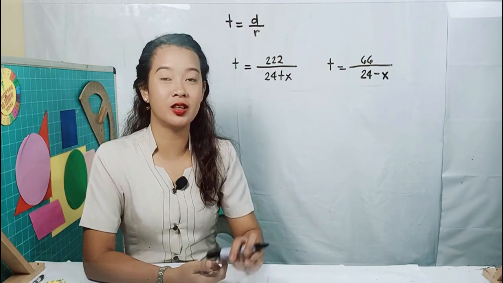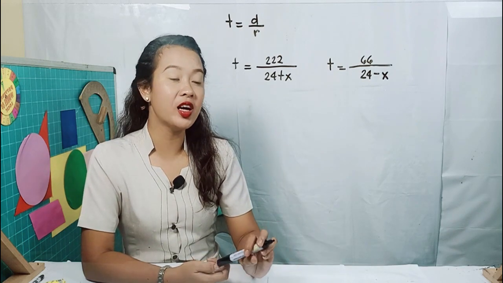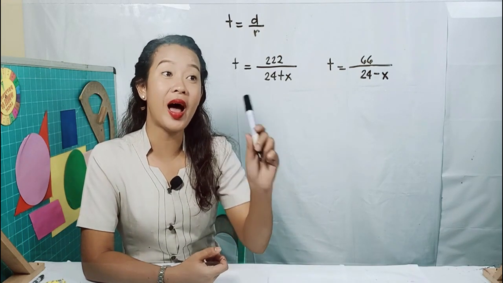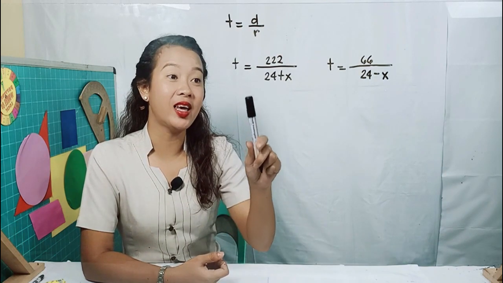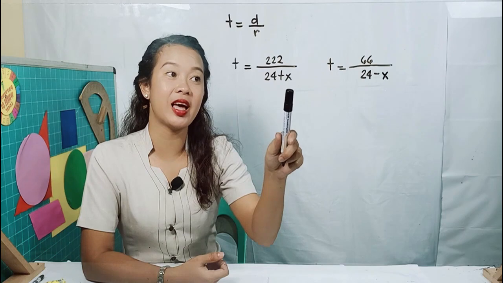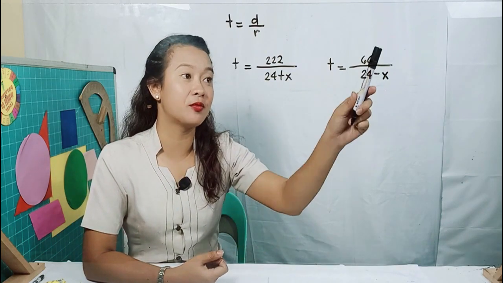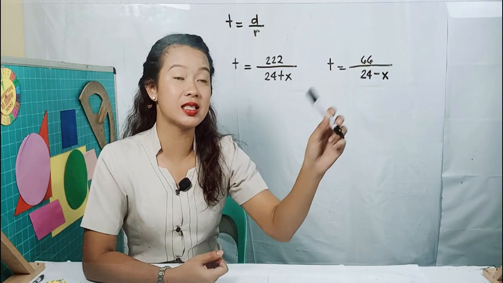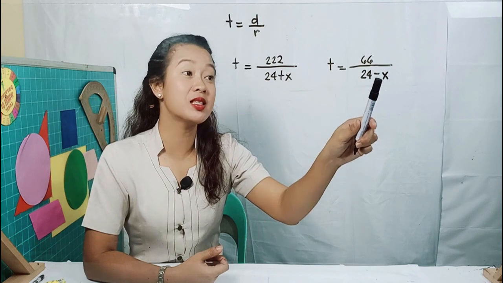These two functions are examples of a rational function because we are dividing a constant function y equals 222 by the linear function y equals 24 plus x. And we are also dividing a constant function y equals 66 by the linear function y equals 24 minus x.